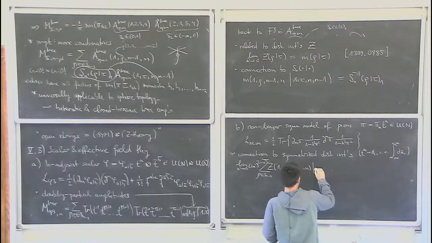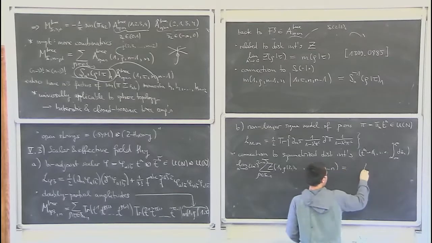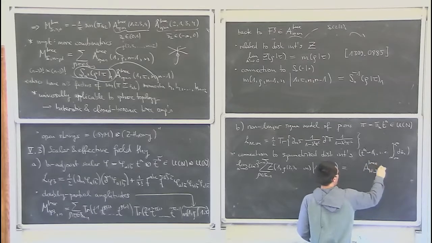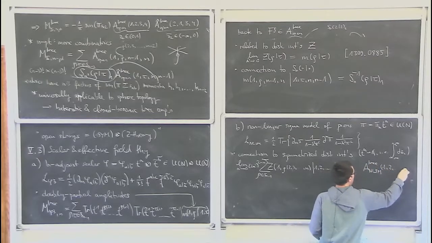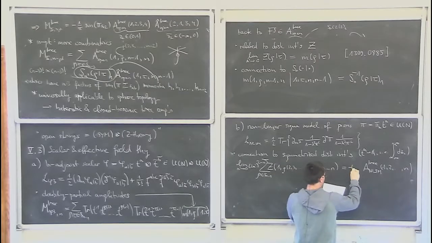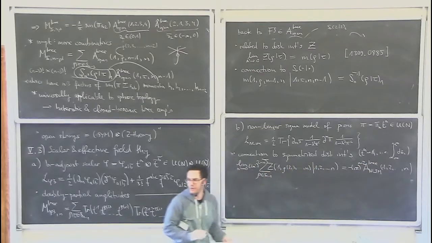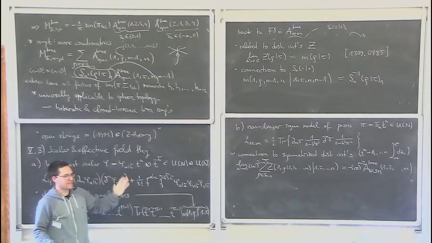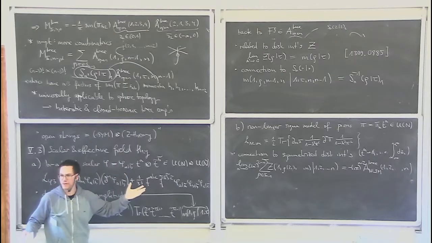The statement here is, if you do this at some color ordering, you compute the color-ordered tree amplitude of these pions up there. What I found for the normalization is something like I pi to the n minus 2. I hope I was careful on that. So this is the second piece of evidence that there might be some truth to interpreting the disk integrals as some Z-theory amplitudes.